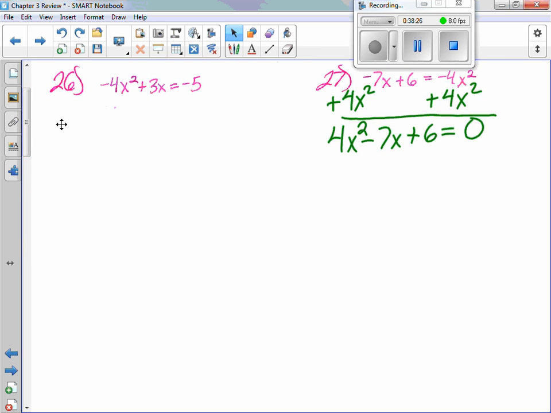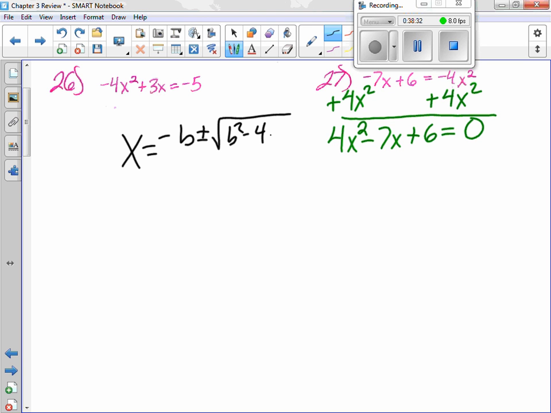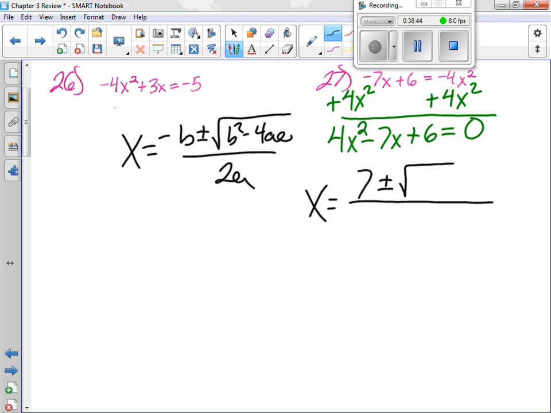Now that we have it equal to 0, we can use the formula. Negative b plus or minus the square root of b squared minus 4ac all over 2a. So negative b, negative 7 would be positive 7, yes? A negative and negative would make a positive.